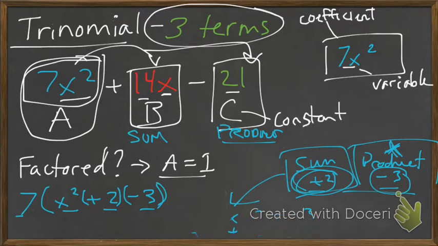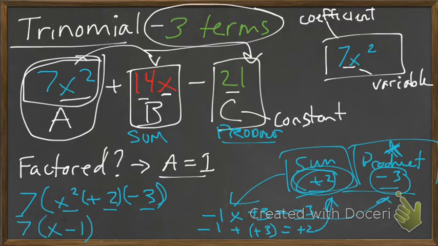If I flip those signs, and I do negative 1 multiplied by positive 3, I will still get negative 3 as a product. If I do negative 1 plus positive 3, I will now get positive 2 as a sum. So that works out. So my values will be x minus 1 and x plus 3.